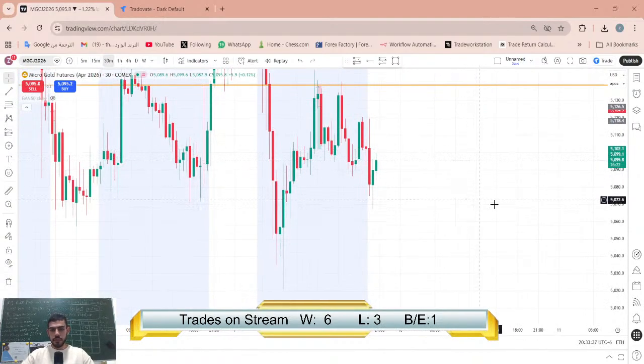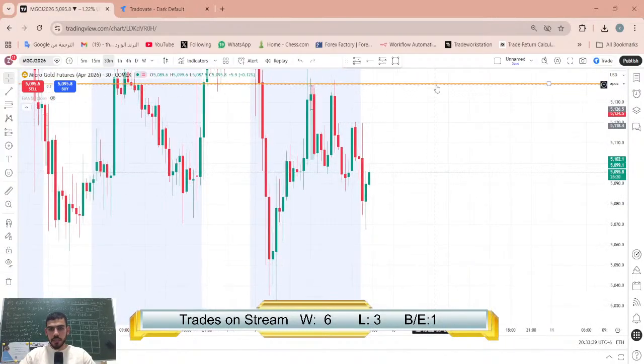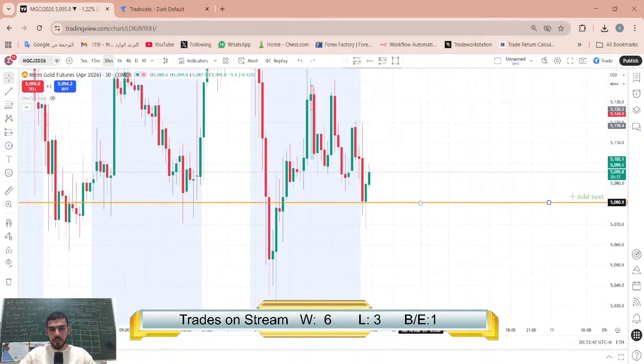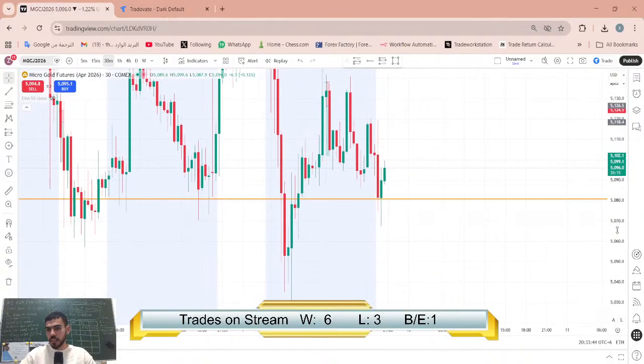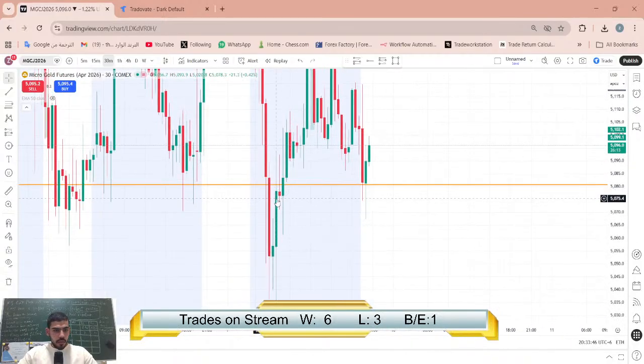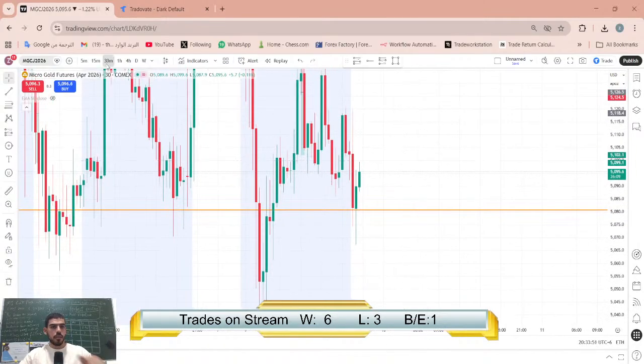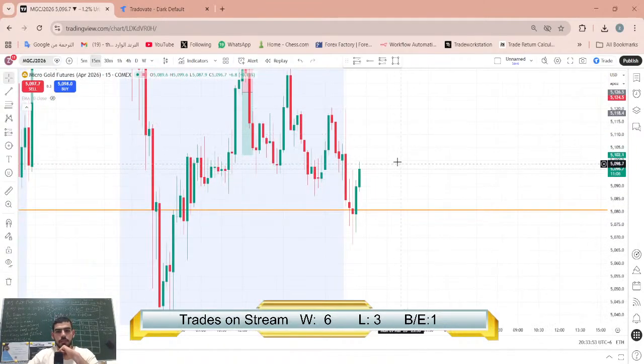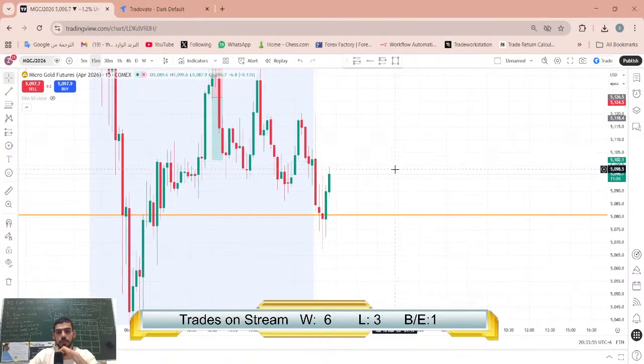On the 30 minutes, we have created a really nice support right here, exactly. But there are a lot of rejection areas. That's why we need a good confirmation to enter any trades in the future.